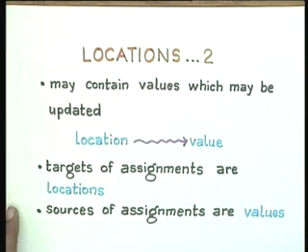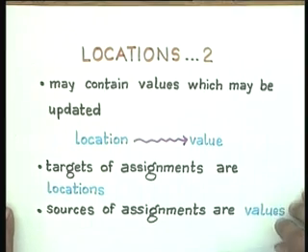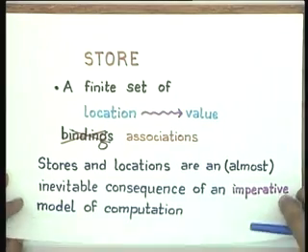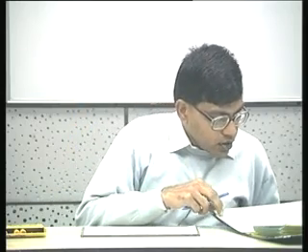The targets of assignments would be locations and the sources of assignments would be values. For any given environment, a store would just be a finite set of location-value associations, and these are an inevitable consequence of imperative language programming.